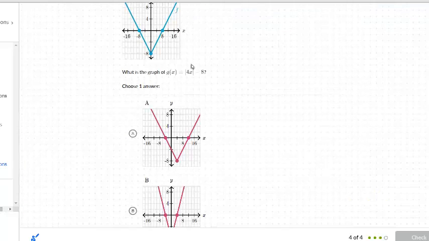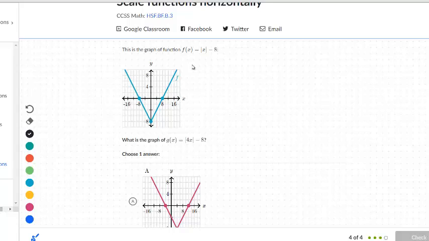Yes. One more to go. We have another absolute value graph, and it's been slid down 8 units. Because we're only doing a horizontal scale, this guy is still going to happen at 0, -8.